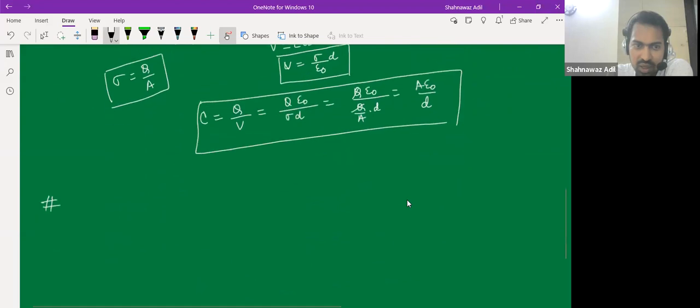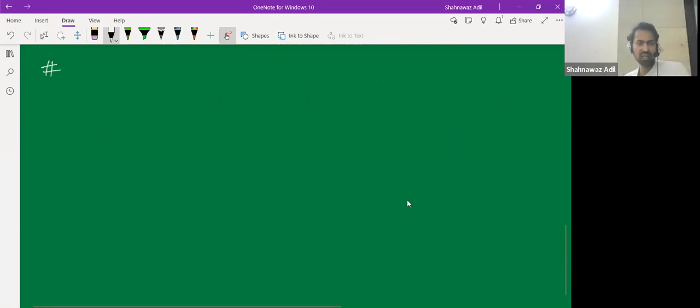Okay. So in our case, there was nothing inside the capacitor. Now what we do is that we place some dielectric medium of dielectric constant K. Remember Coulomb's law, 1 by 4 pi epsilon naught Q1 Q2 by R square.